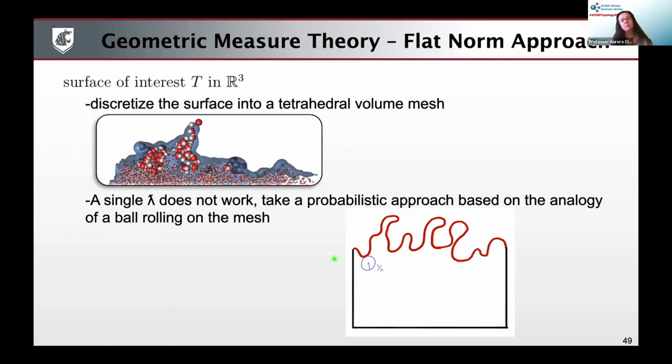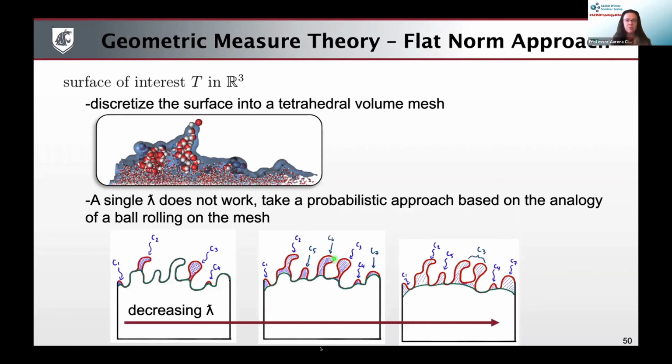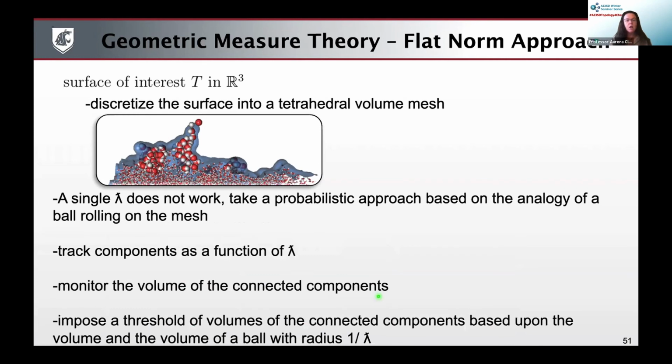So we took a probabilistic approach based on this analogy to a rolling ball in a mesh, where we systematically decrease our lambda value. At every single lambda value, we have our list of components, which are the features that we've peeled off of our interface. We keep track of these components and how they merge with one another as a function of lambda.